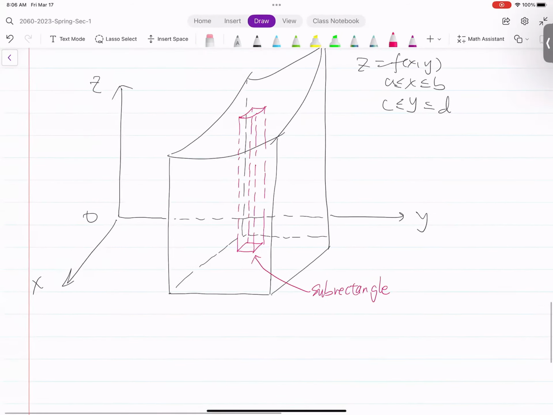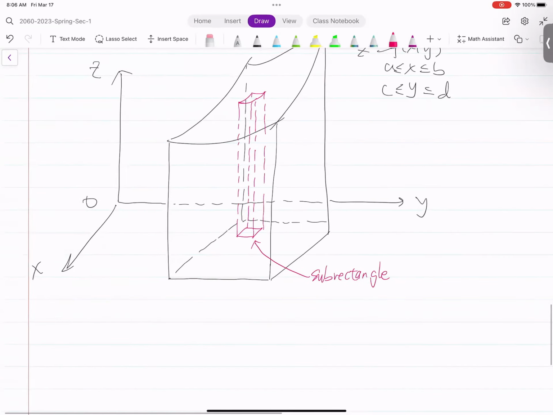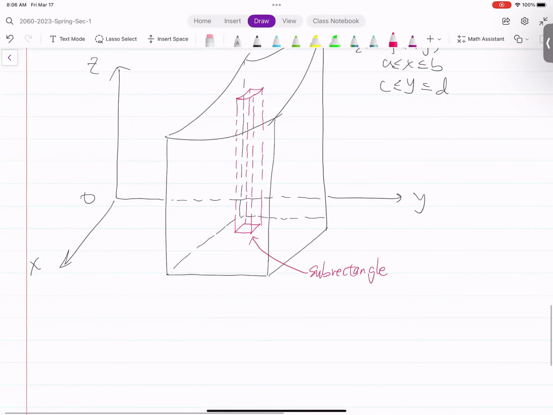So we're going to draw another illustration that is not as tall, and we're going to estimate the solid in red as a rectangle. Because if you have a general shape solid, it's difficult to compute, so we just have to estimate. Along the y-axis it's going to be delta y, which we gave the expression for a little earlier, and along the x-axis it's going to be delta x, right?